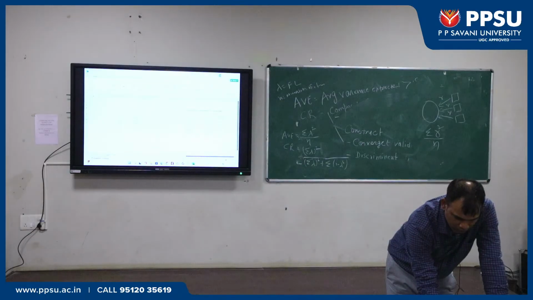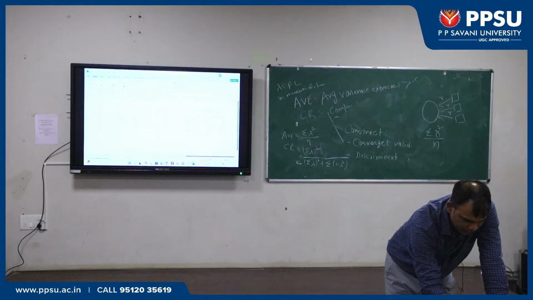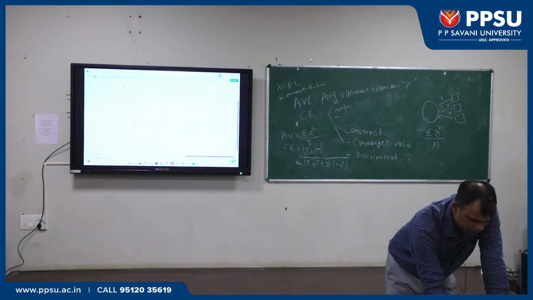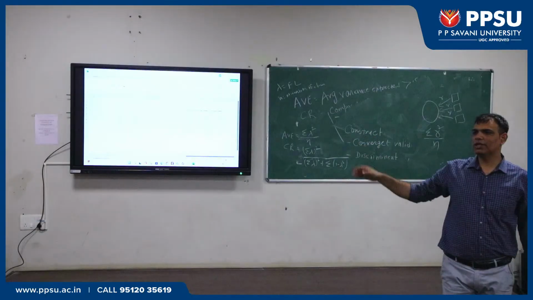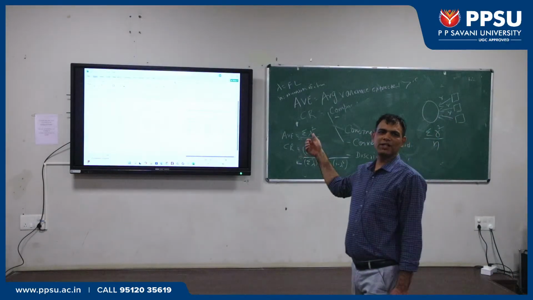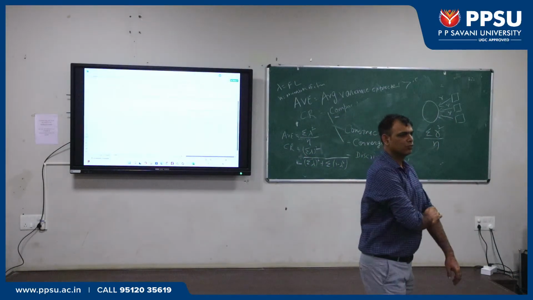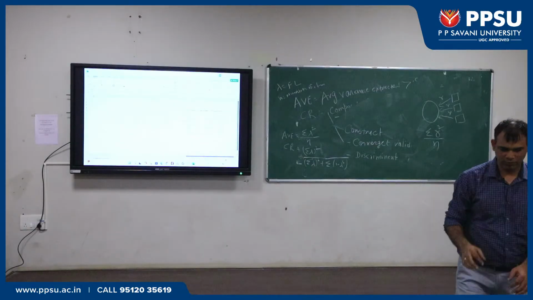You understand what I am doing? Transactional to emotional 0.93, then 0.875 and 0.869. This is my correlation table. You match it, the same thing is there. So I got that correlation table.